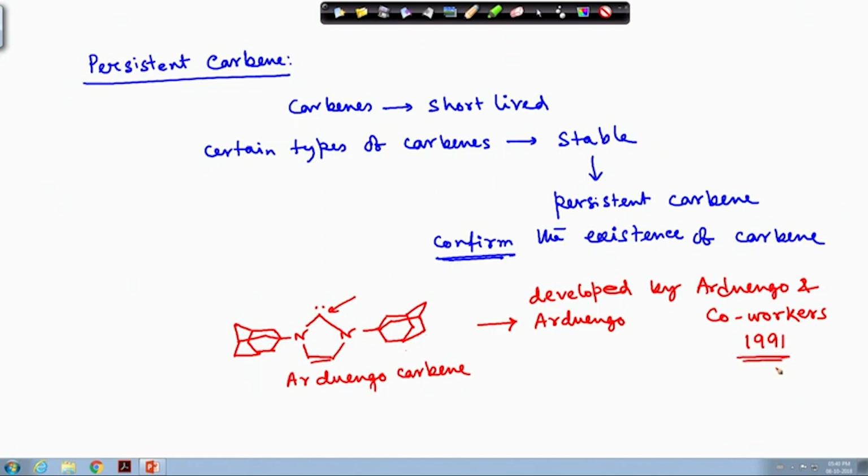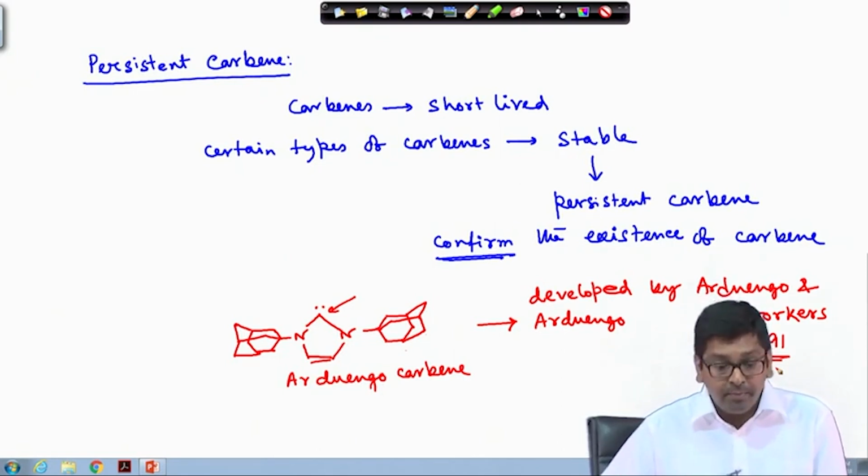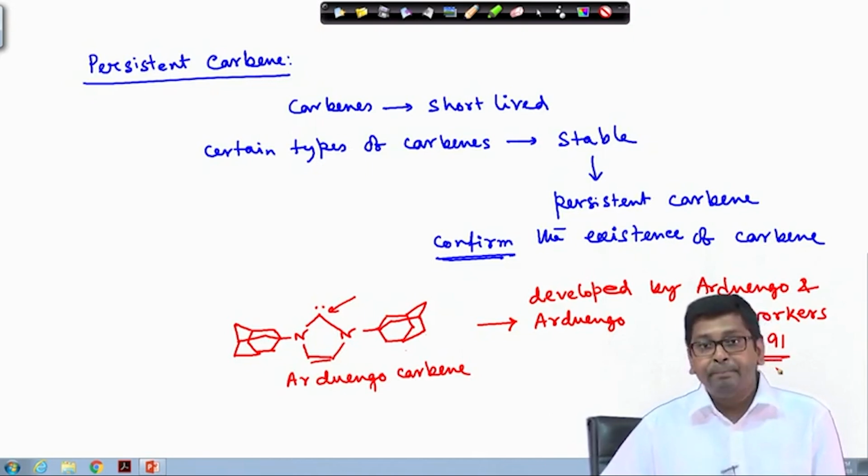Okay. In the next class, we will learn why this type of carbene is stable, what kind of factors make it stable, and with that we will learn a few more persistent carbenes. Okay? Thank you.